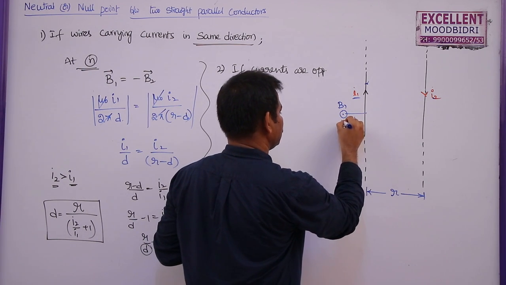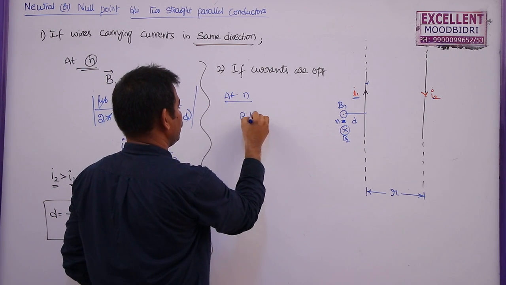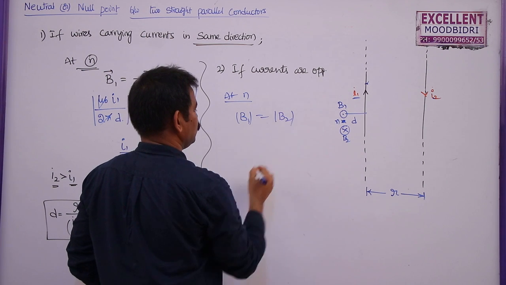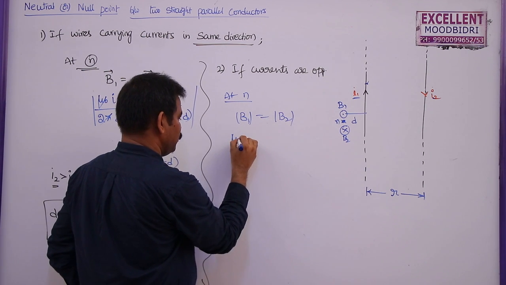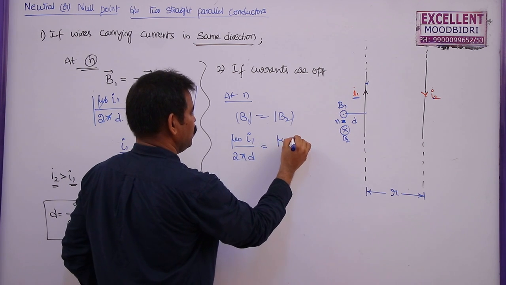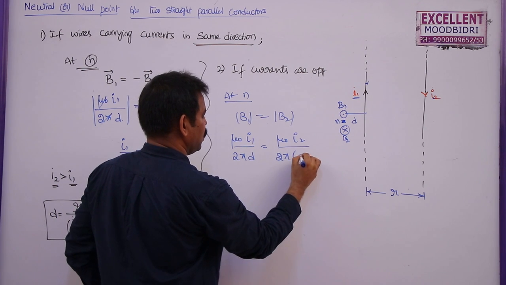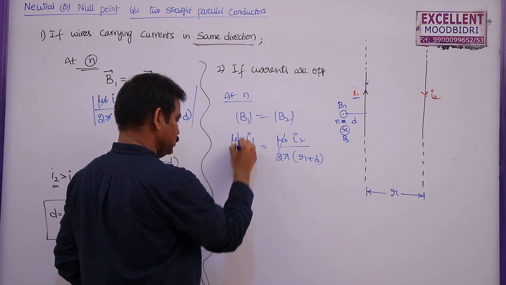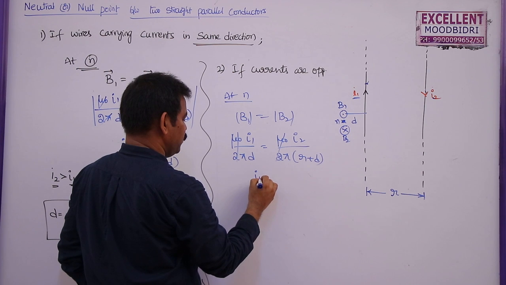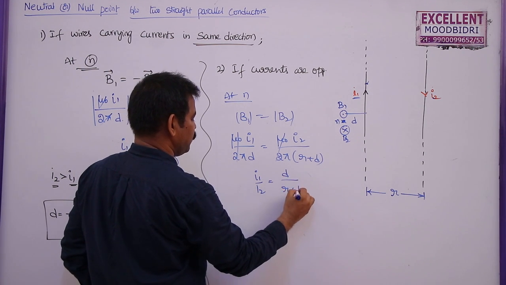Let us say this is a null point N. So at N, B1 is equal to B2. B1 is given by mu naught I1 by 2 pi d is equal to mu naught I2 by 2 pi into (r plus d). These cancel. So I1 by I2 is equal to d by (r plus d).